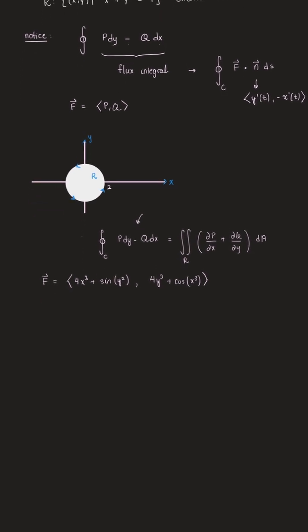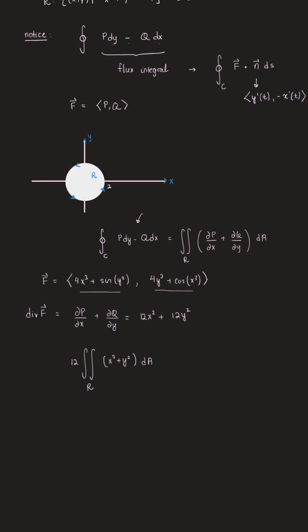All right, so calculating our divergence, div F, which is the partial of P with respect to x plus the partial of Q with respect to y. Partial of P with respect to x is going to be 12x squared. And to that, we're going to add the partial of Q with respect to y, which is 12y squared. So our integrand over our region, I'm going to factor out the 12, is 12 times x squared plus y squared dA.